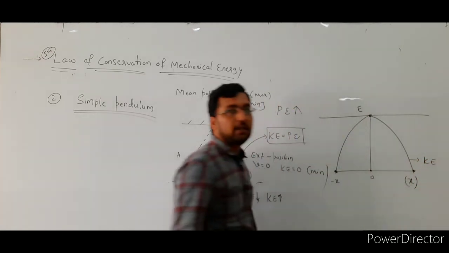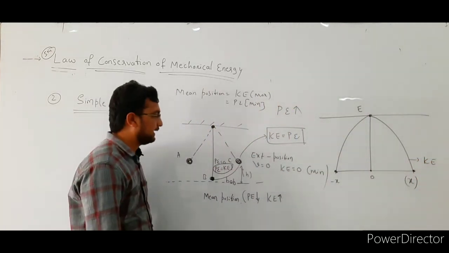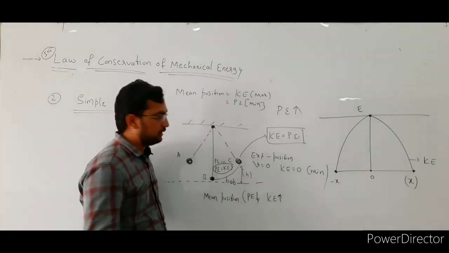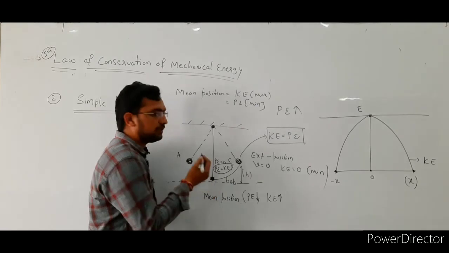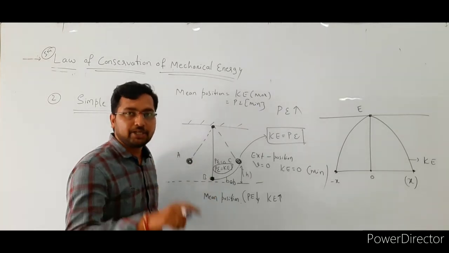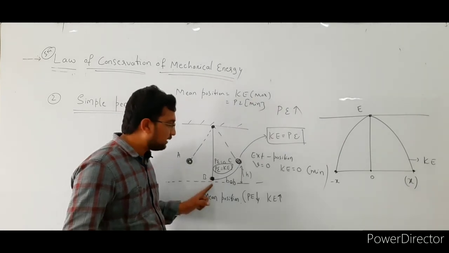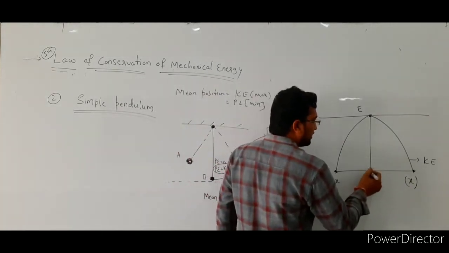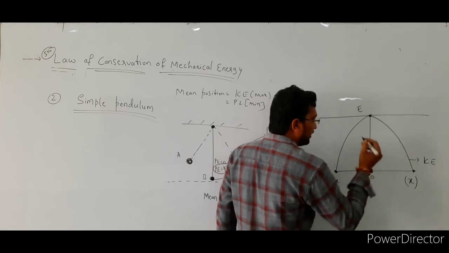Similarly, potential energy is maximum at extreme position and minimum at mean position, right? Potential energy is 0 or minimum at mean position. At this position the potential energy is 0.